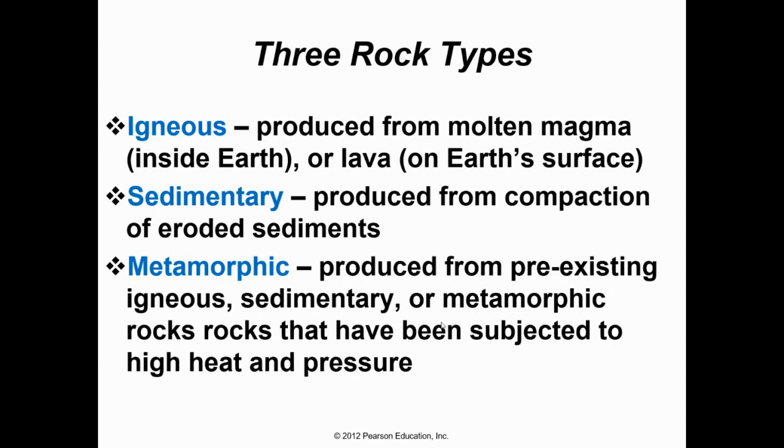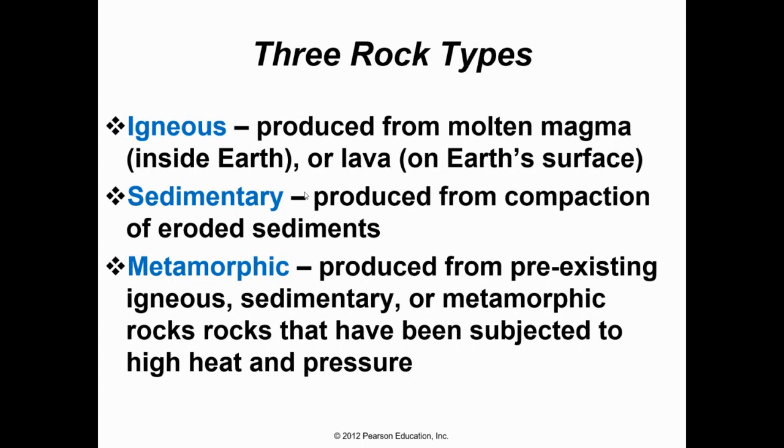Then there's sedimentary rocks. These are rocks that are formed from the compaction and cementation together of what's called weathered and eroded sediments. We'll look at weathering and erosion later this month, but for right now, weathering is essentially the chemical and physical breakdown of earth material, like rocks on Earth's surface, by the environment.